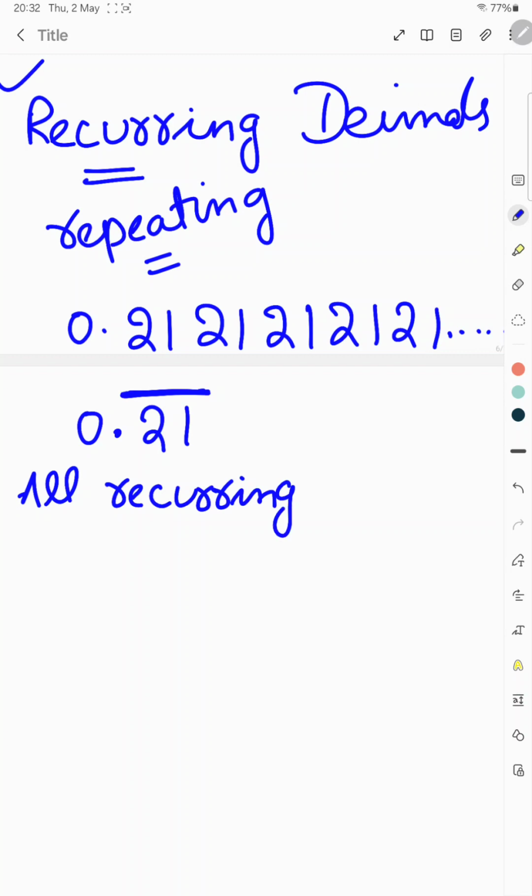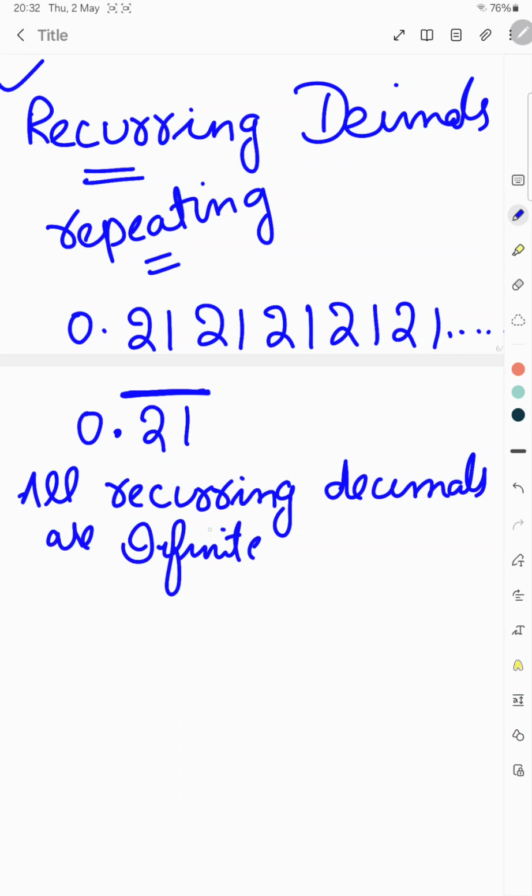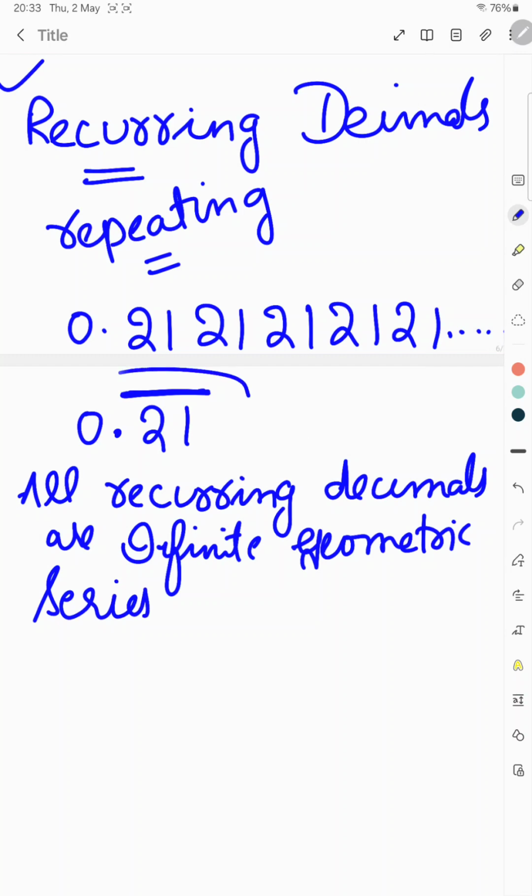Just remember, all recurring decimals are infinite geometric sequence or series. So whenever this type of recurring decimal occurs, you just have to know that they are talking about an infinite geometric series, and you can solve these decimals with the help of the rules of infinite geometric series.